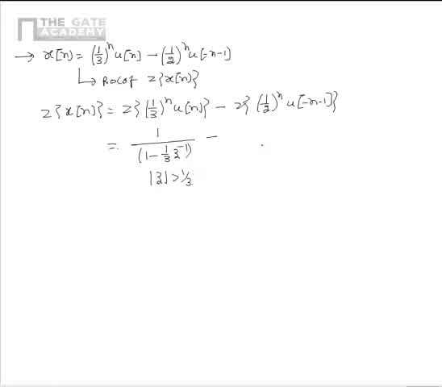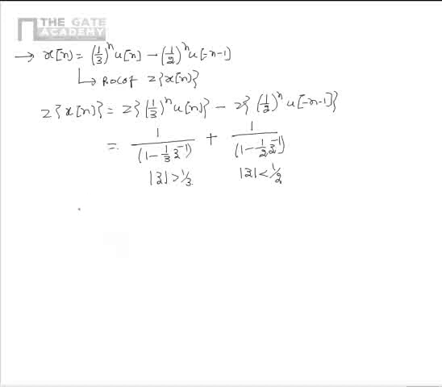The Z transform of 1 by 2 whole power n u of minus n minus 1 can be written as 1 over 1 minus half Z inverse with an ROC of mod Z less than half.